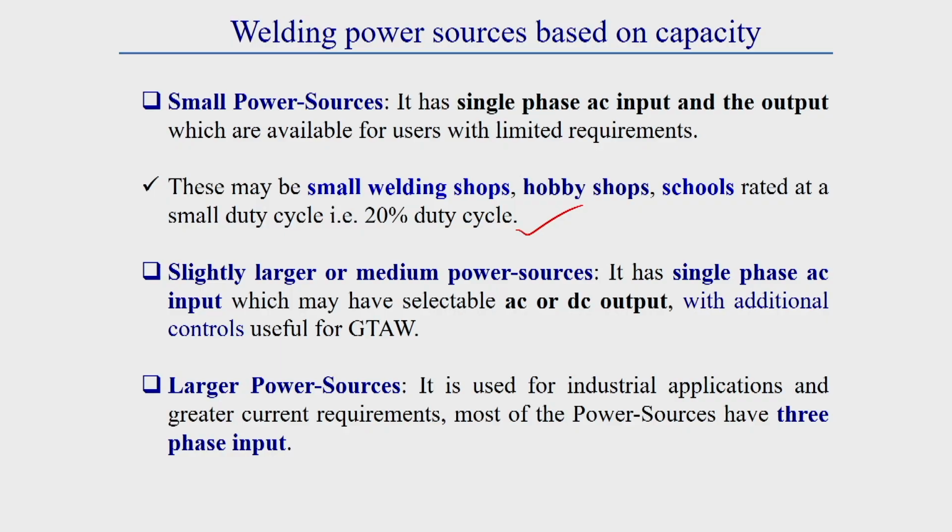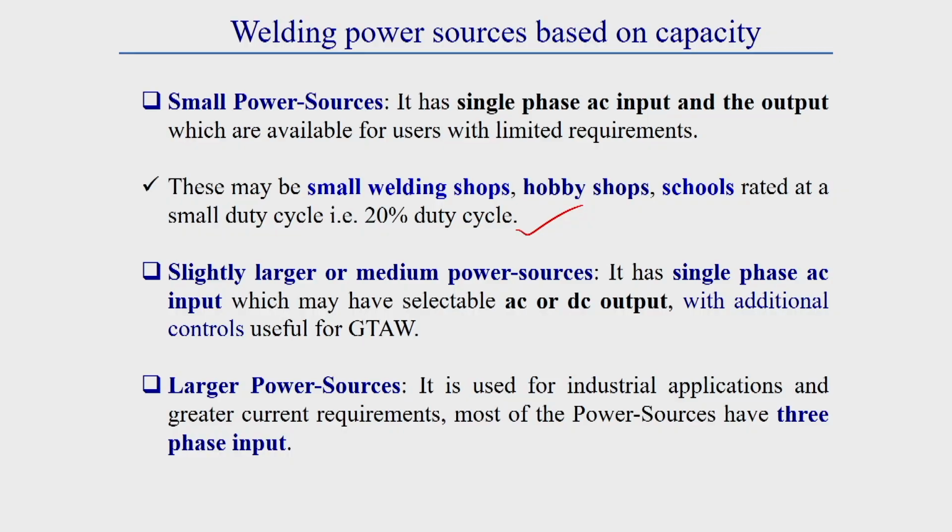Then there is also a slightly large or medium power source. Here the current range is a little higher compared to the small size, roughly within a range of 175 to 350 ampere. This is called a slightly large or medium power source.